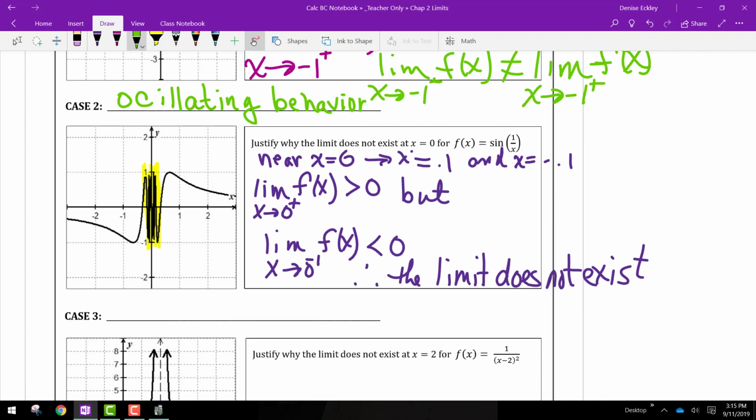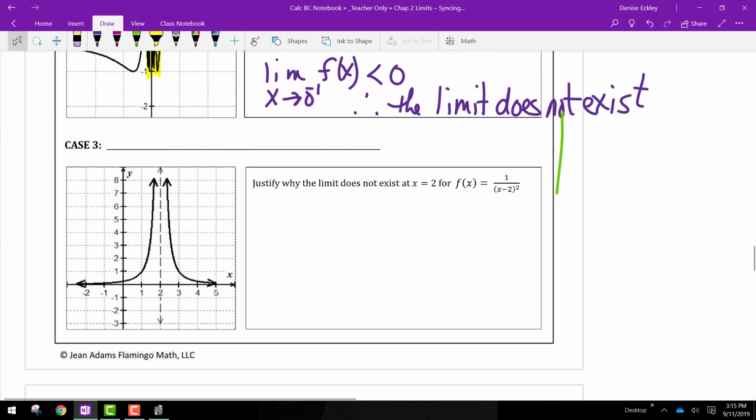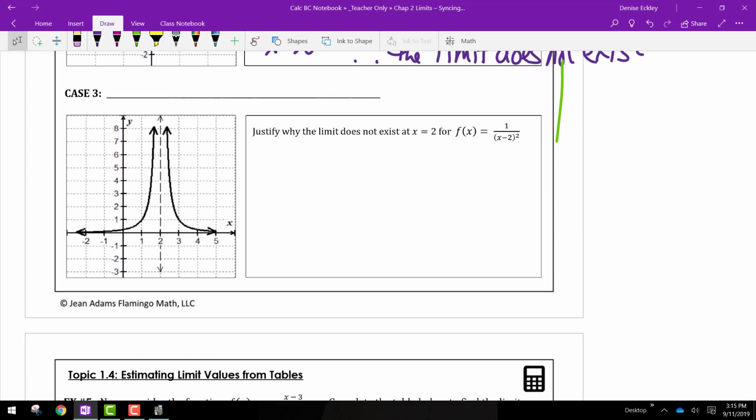Okay, and then finally, our third case where a limit does not exist is where we have unbounded behavior.